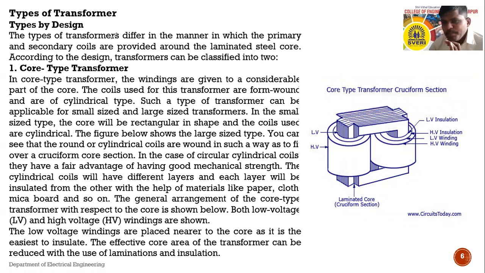According to construction there are two main types of transformer. The first type is core type, and the second is shell type. The transformer is divided into multiple types, and according to construction there are two main types. First one is core type transformer, second one is shell type transformer.